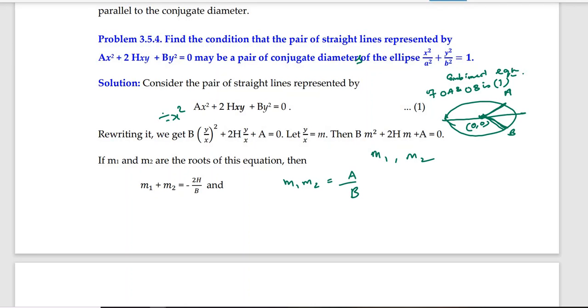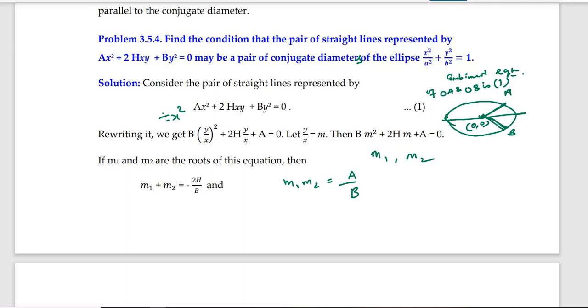Now in the case of conjugate diameters, we know them to be lines passing through origin, and the condition for those two lines to be conjugate with respect to this ellipse is product of the slopes is minus b square by a square.